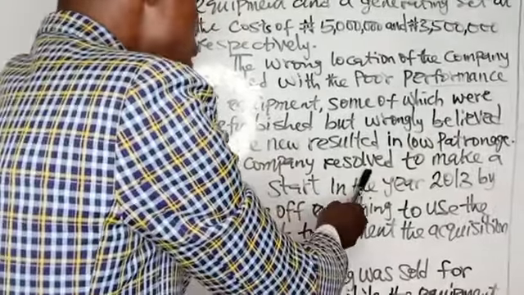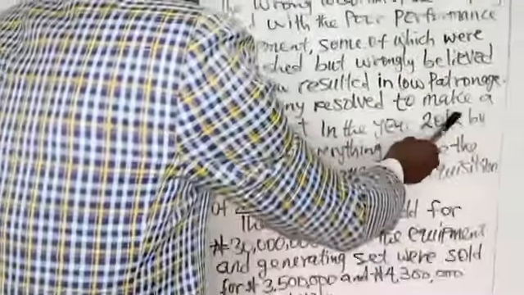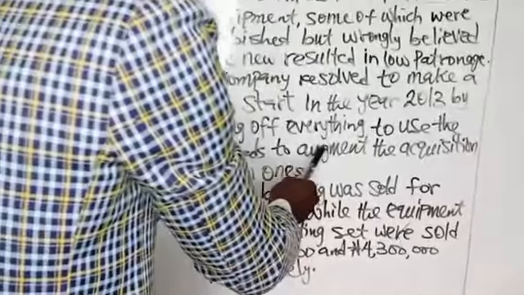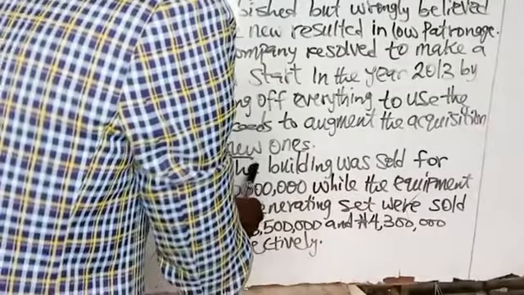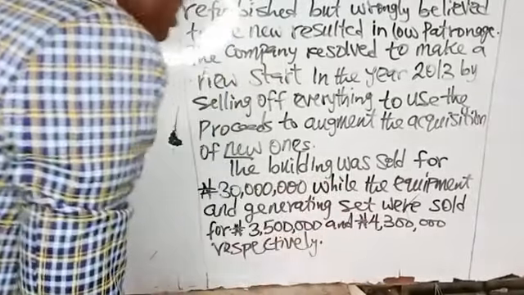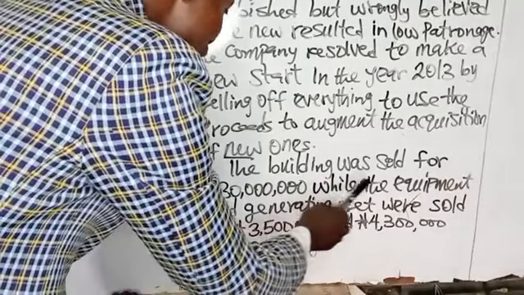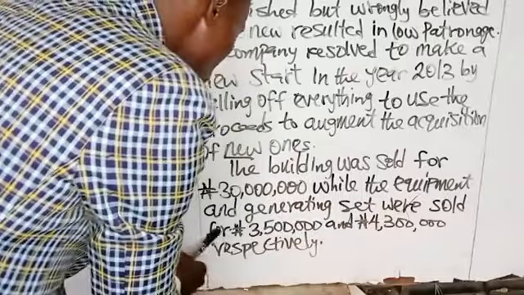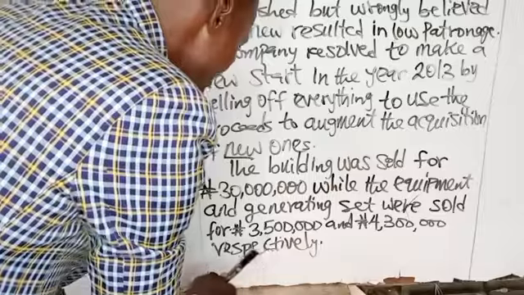The company resolved to make a new start in the year 2013 by selling up everything to use the proceeds to augment the acquisition of new ones. The building was sold for 30 million naira, while the equipment and generating set were sold for 3.5 million and 4.3 million naira respectively.